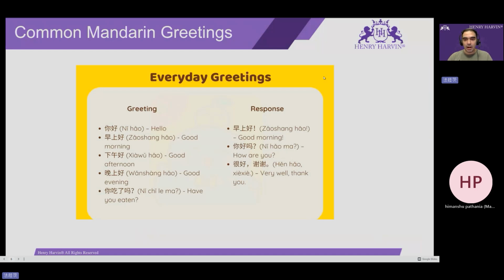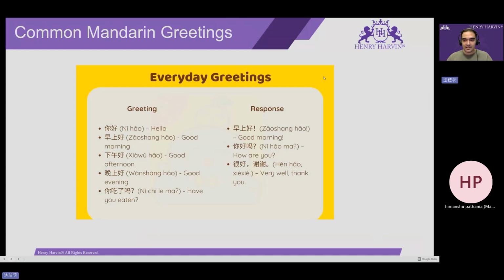So 很好 means very good, and as we can see, the personal pronoun is omitted in this particular response, because we cannot see any word for I or me or myself here. 很 means very, and 好 we already studied. It means good.